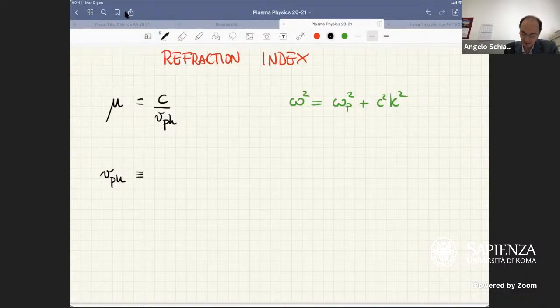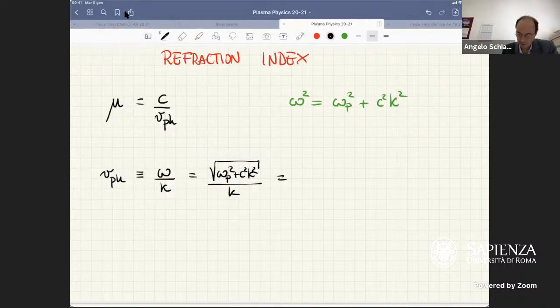So omega is the square root of omega p squared plus c squared k squared, divided by k, and this becomes the square root of c squared plus omega p squared divided by k squared. Is that correct? Yeah.